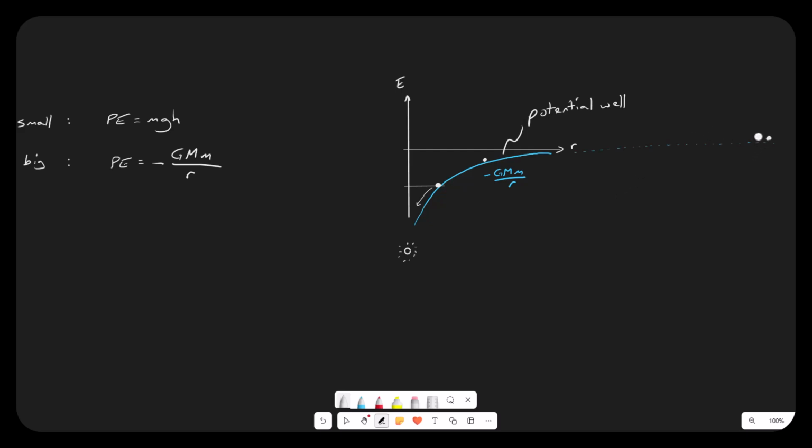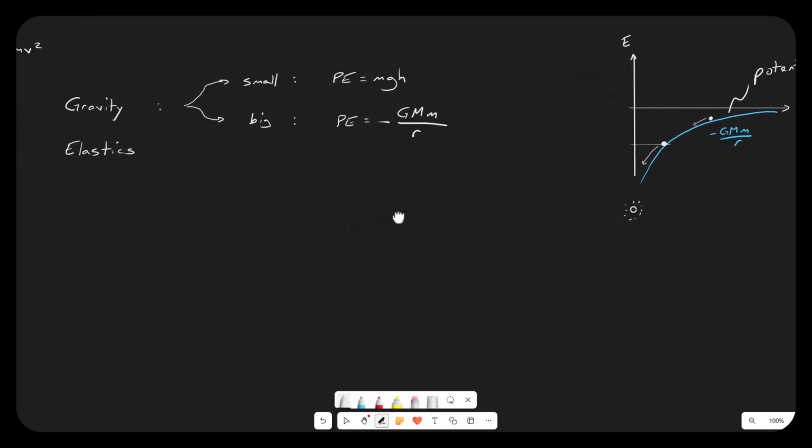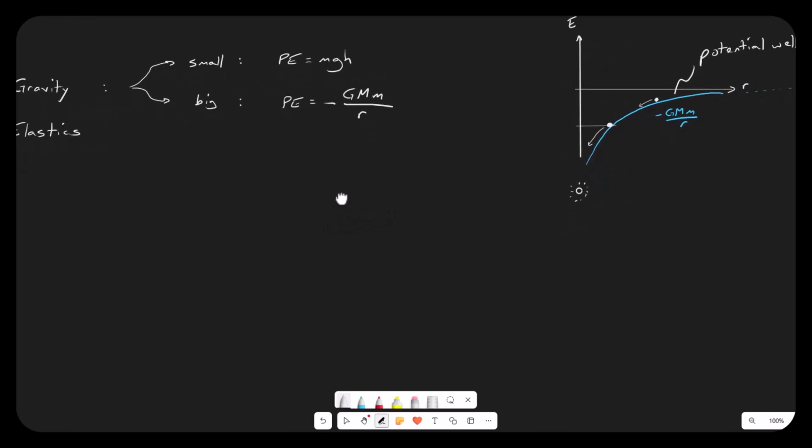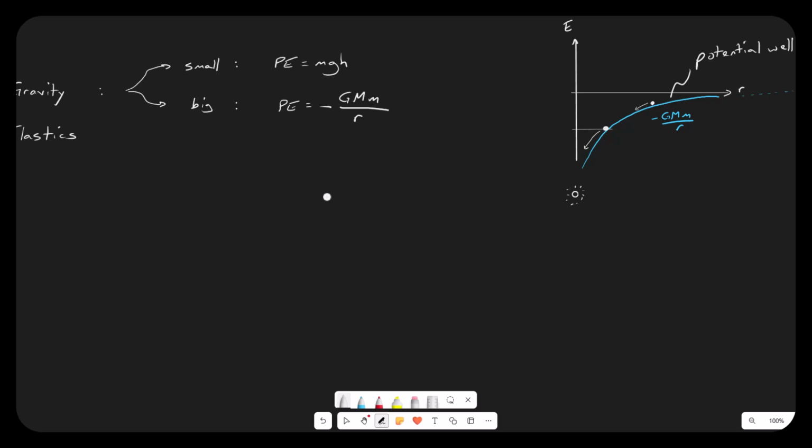But it'll slowly inch its way over to the left, keep speeding up, till it gets to this point, speeding up more and more. I get this potential energy function that looks like a negative GMm over r. Not a big deal. R is the distance from the center of the thing that's producing this potential well. So maybe the distance from the center of the sun, for example.